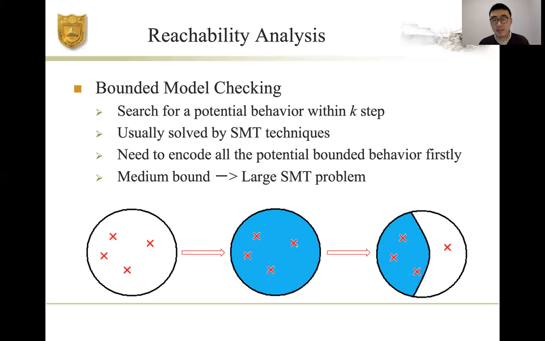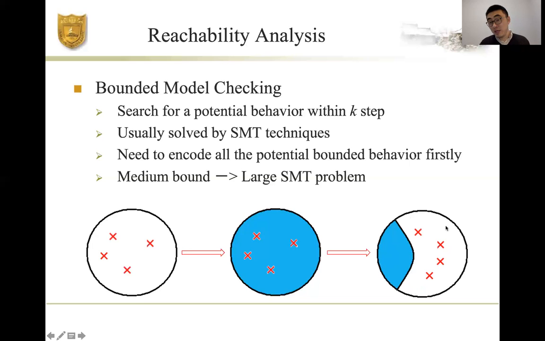In this case, if the graph structure of the system is complex, then you may face lots of different branches, and it will result in huge SMT problems. Now we can see in practice, even when solving a system with medium bound, we may face large SMT problems, and then SMT solvers have difficulty solving them.